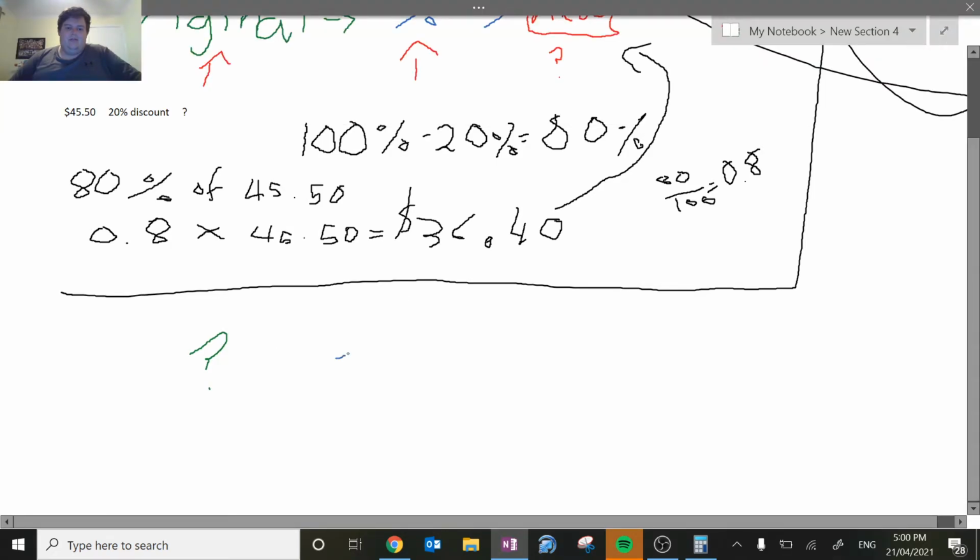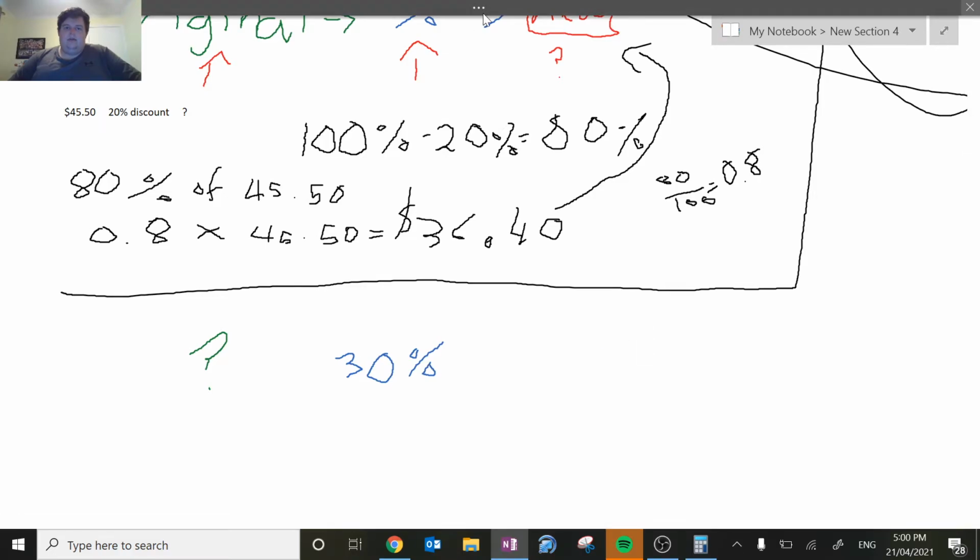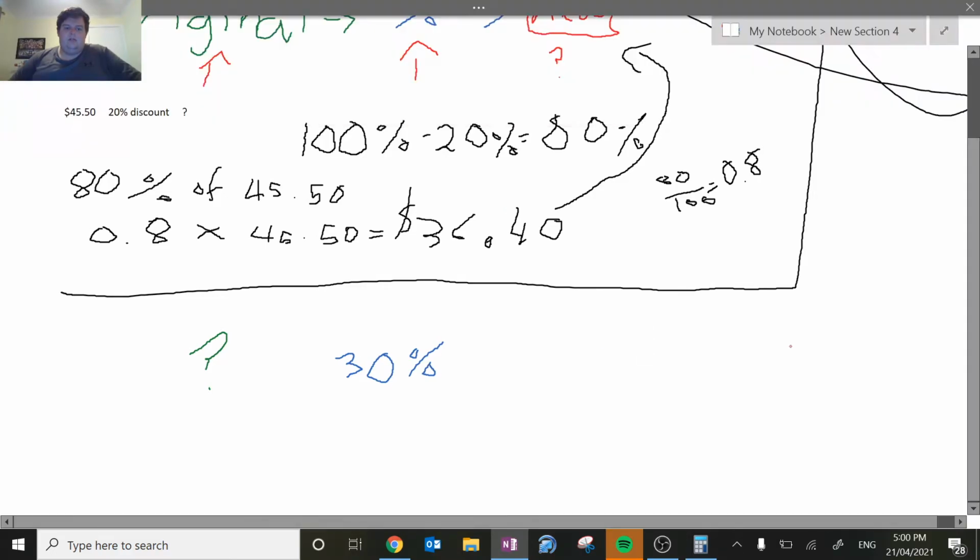So let's say we took off 30%, and now the new price is, let's say, $21.30. So we did some sort of calculation here and we got this.